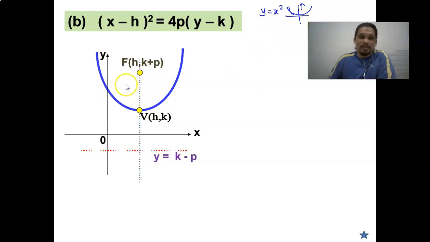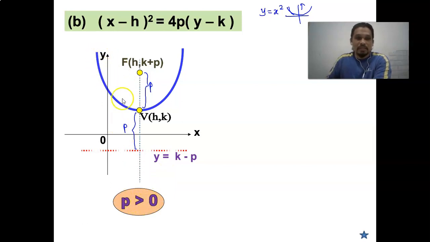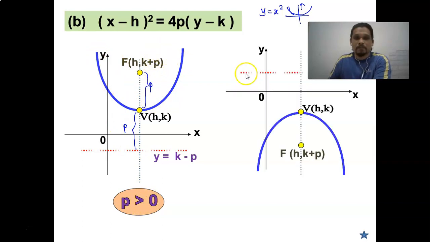For this one here, the distance from the vertex v to the focus point is p, and the distance from v to the directrix line is also p, where p is not equal to 0. If p is positive, greater than 0, then the parabola opens upward.